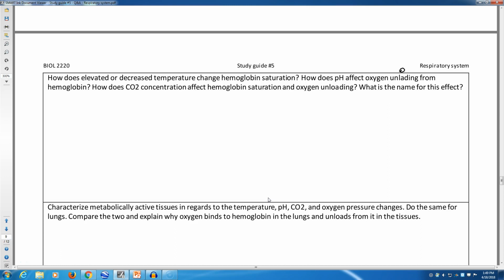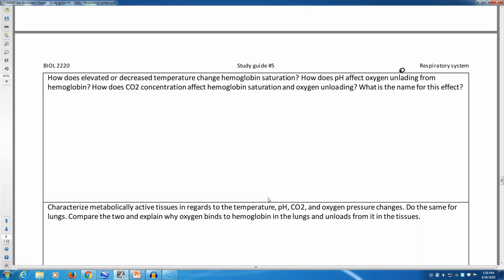So if you see a question which asks about the role of a factor in unloading, you have to think about metabolically active tissue. CO2 is high, oxygen is low, pH is low, temperature is high. Does that make sense? And vice versa. Now, hemoglobin dissociation curve in metabolically active tissues.